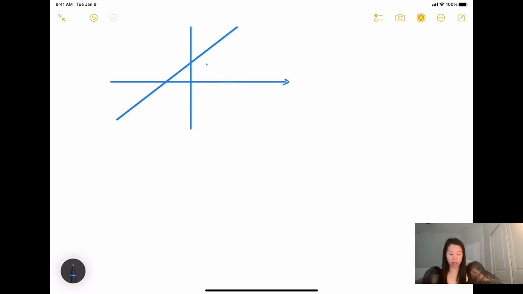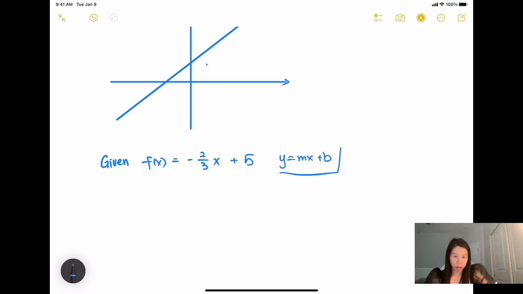Such as I'm giving you a function f(x) equals -2/3 x plus 5. We know that this is a linear function because it's in the form of mx plus b, where m equals -2/3 and b equals 5.